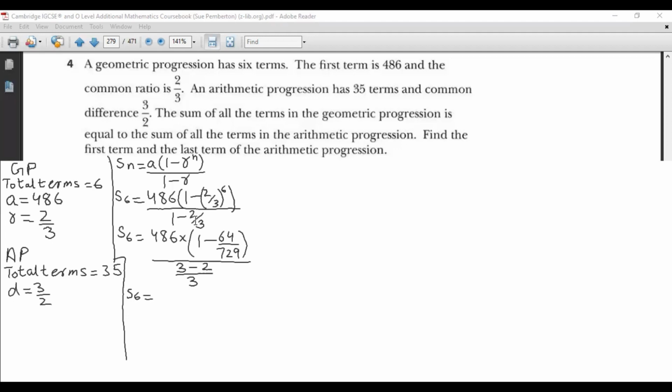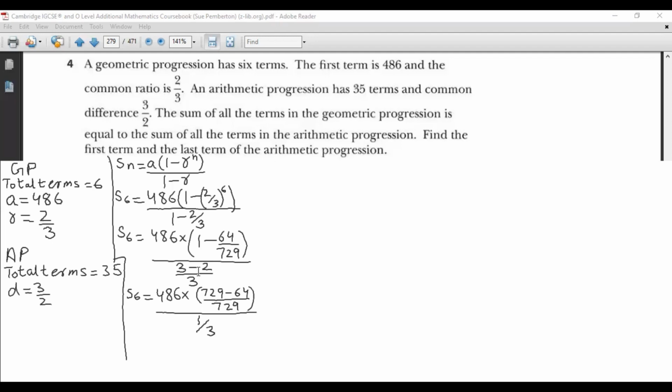S6 equals to 486 multiplied by, inside the bracket, I will take LCM. 729 is the denominator, so it will become, after taking LCM, 729 minus 64 over 729, divided by, simplifying the denominator, I'm getting 1 over 3 over here by solving.